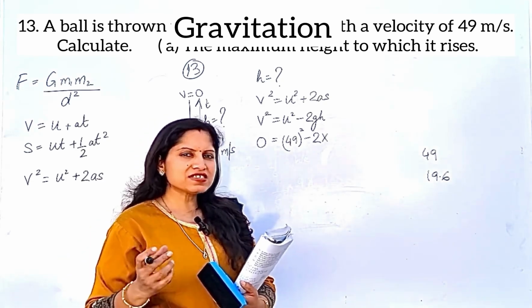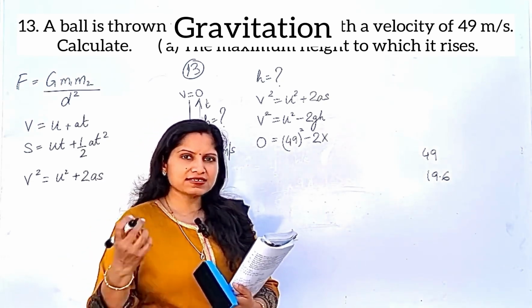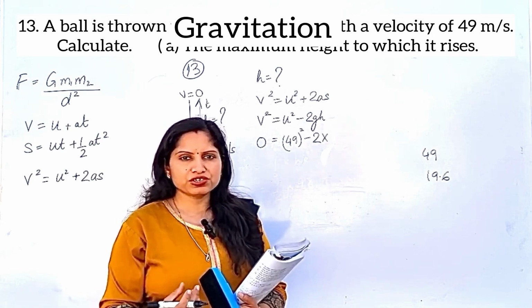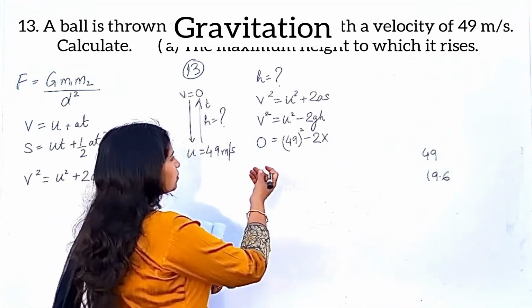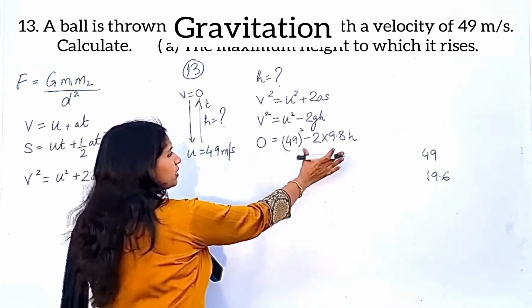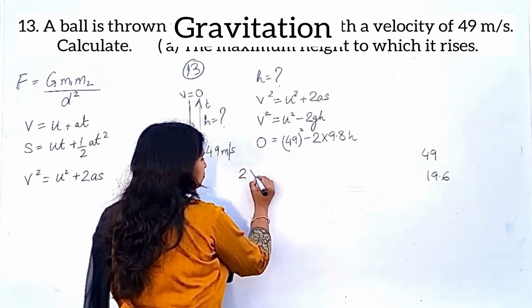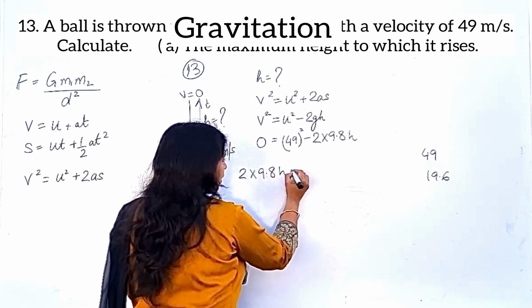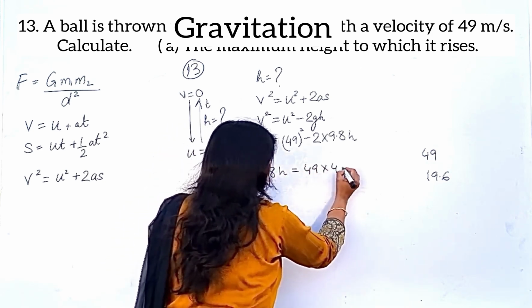Okay, so to make your calculations easy, remember if 49, 196 or such values are there, then take the value of small g as 9.8. So small g will be taken as 9.8 into height. Fine, it's all negative, that will go that side to make 2 into 9.8 into height equals 49 into 49.